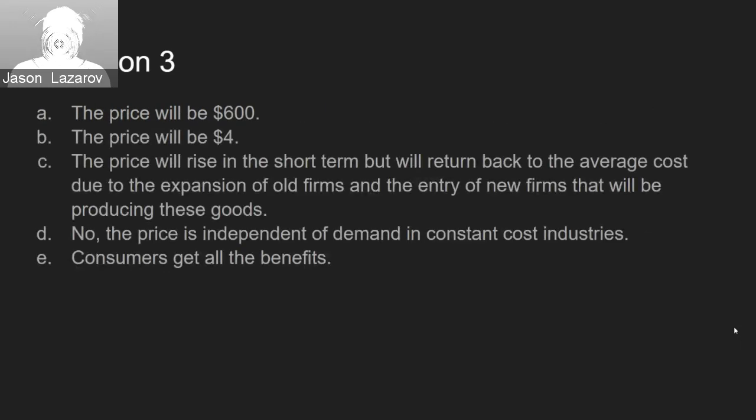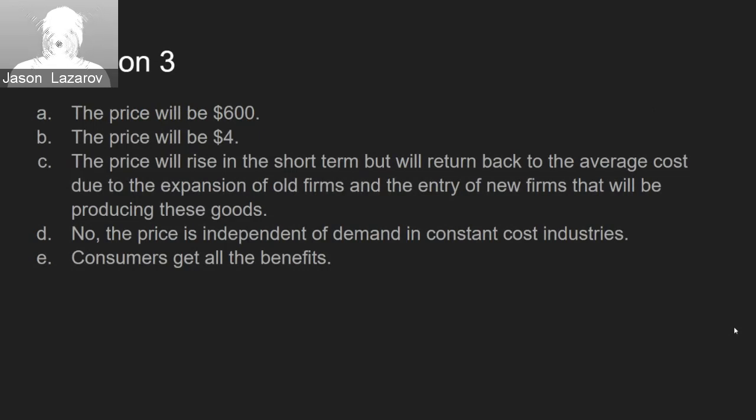For question 3, part A, the price of the 50-inch LCD TVs will be $600. Since if the average cost drops to $600, the price will drop to the point that matches the average cost, so the manufacturers will be making zero profits.